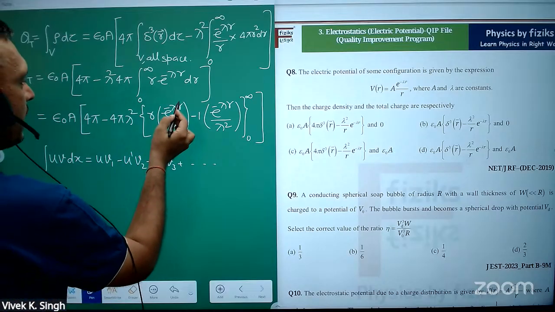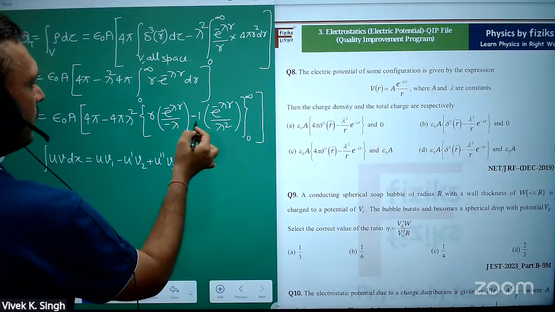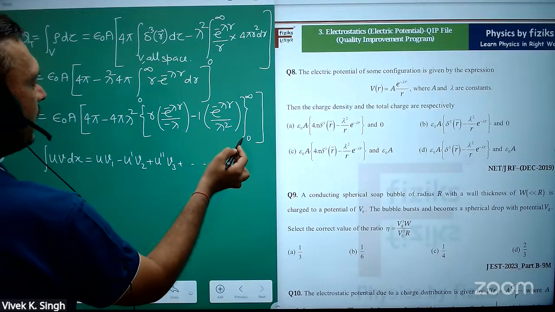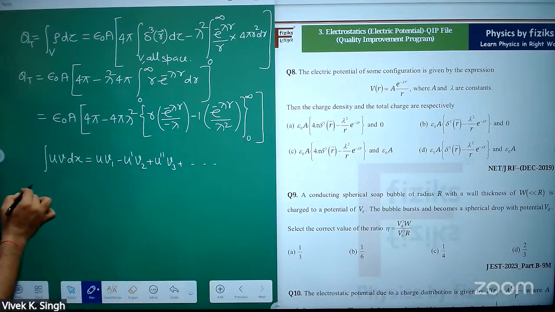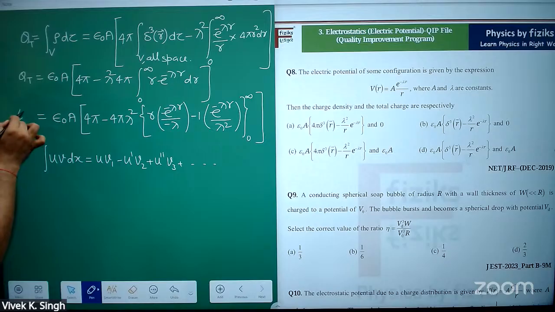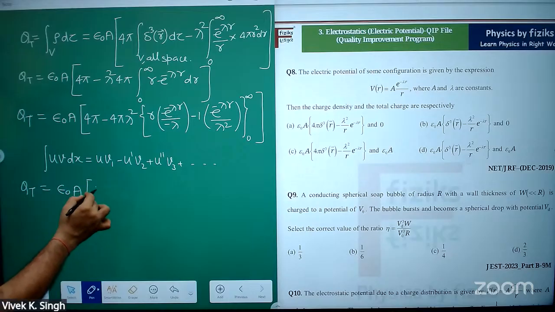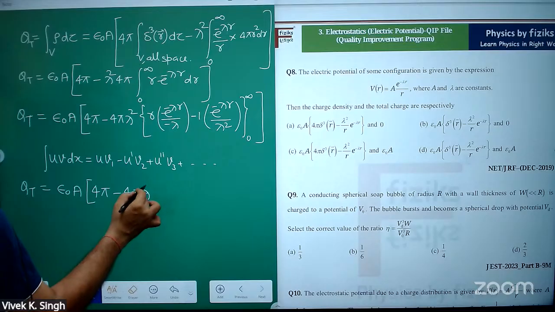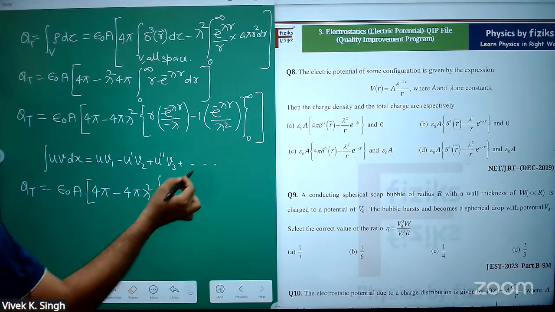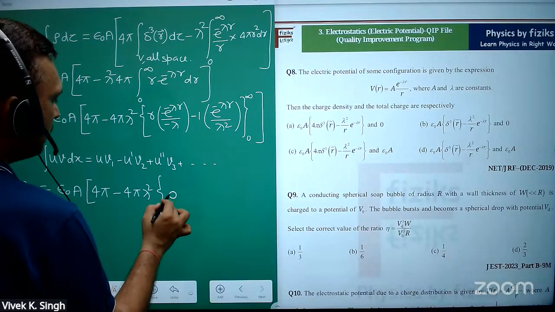If you take infinity, this tends to 0. And if you take r equal to 0, you will get 1 by lambda square. So by taking this integral, you will get epsilon naught a 4 pi minus 4 pi lambda square. So e power minus infinity tends to 0, so you are getting 0.